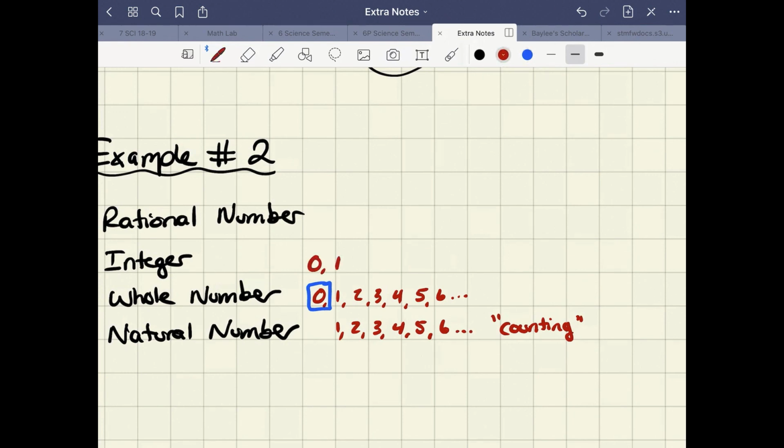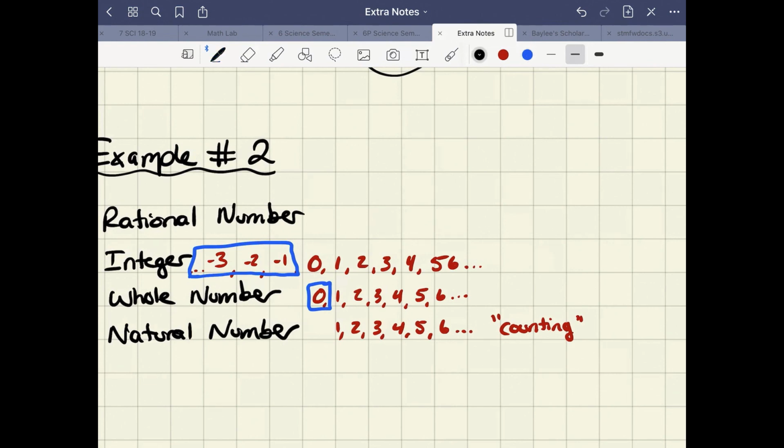So you have 0, 1, 2, 3, 4, 5, 6, but you also then have negative 1, negative 2, negative 3, etc., as well. So there are negatives down here as well. Now, rational numbers are basically all the numbers that include integers, whole numbers, natural numbers, and those values in between that can be written as a fraction.